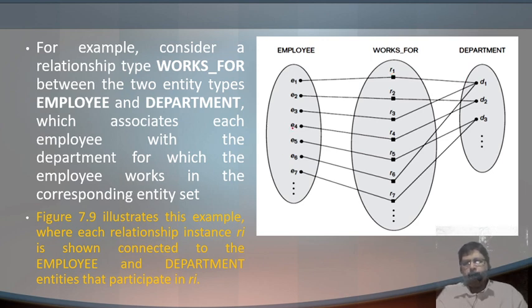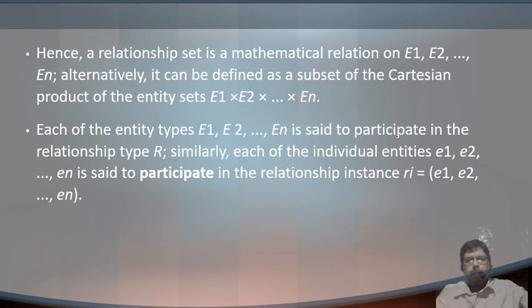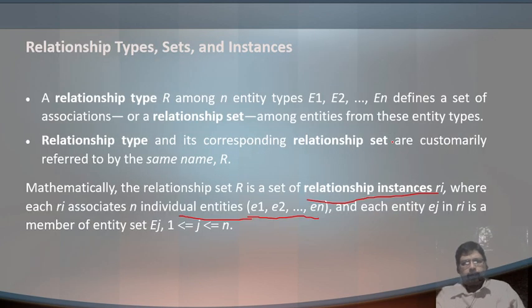Similarly, E4 has a relationship with D2, and the relationship is specified as R4. Okay, I hope it is clear. So that is what we call relationship types, sets and instances, and these types of questions are mainly asked for 5 marks, or sometimes these are asked as definitions.